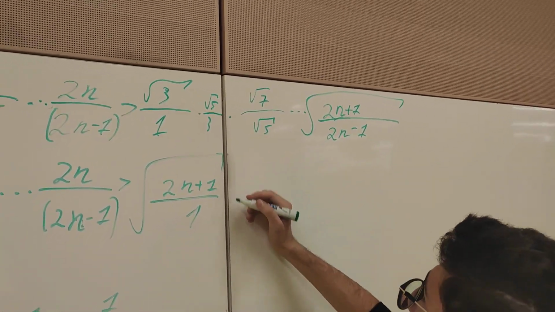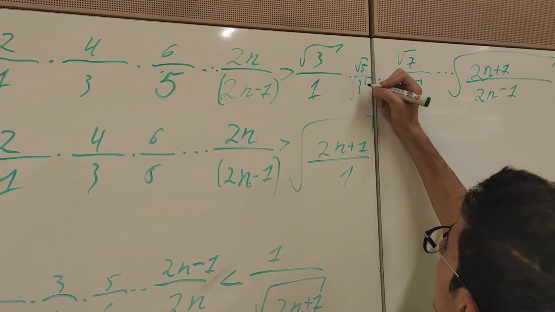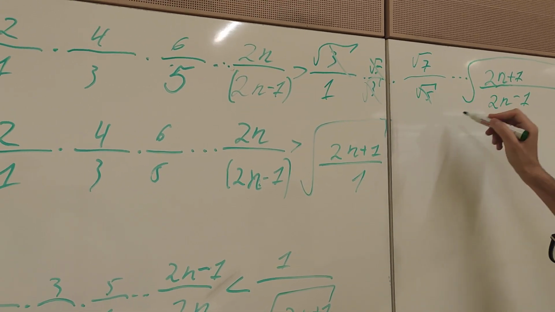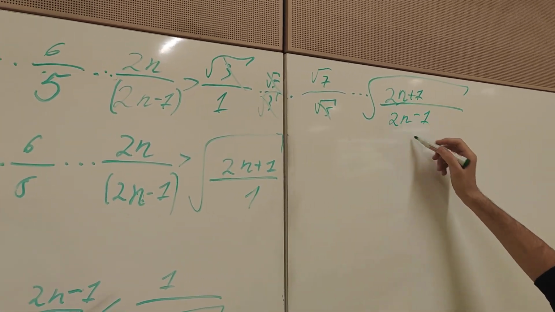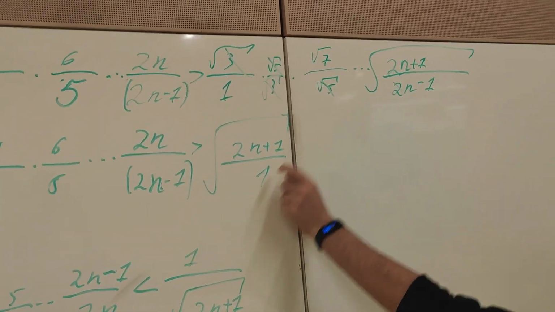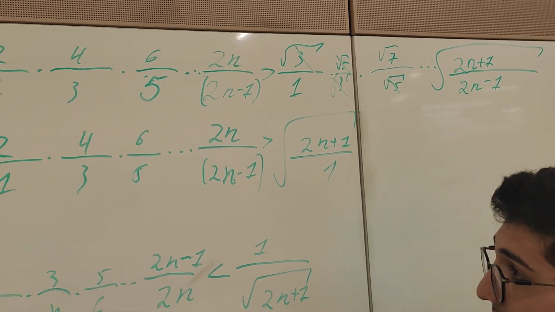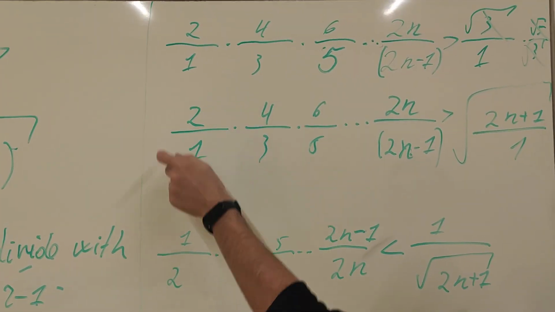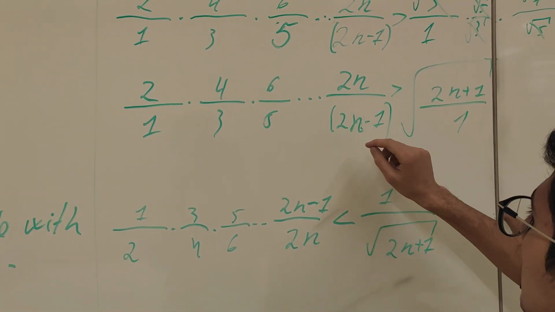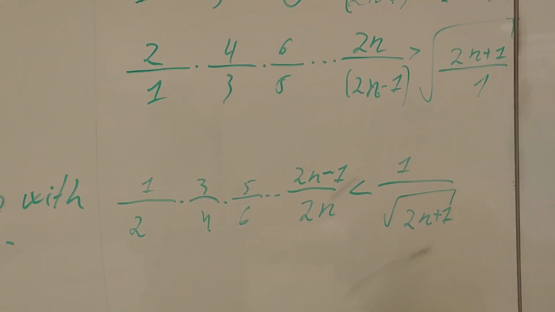And as you can see, there is the square root of 3 as well, and they cancel each other till 2n minus 1, and we get the square root of 2n plus 1 over 1 in the right part of the inequality, and in the left part we have the same 2 times 4 over 3 till 2n over (2n minus 1) is bigger than the square root of 2n plus 1 over 1.